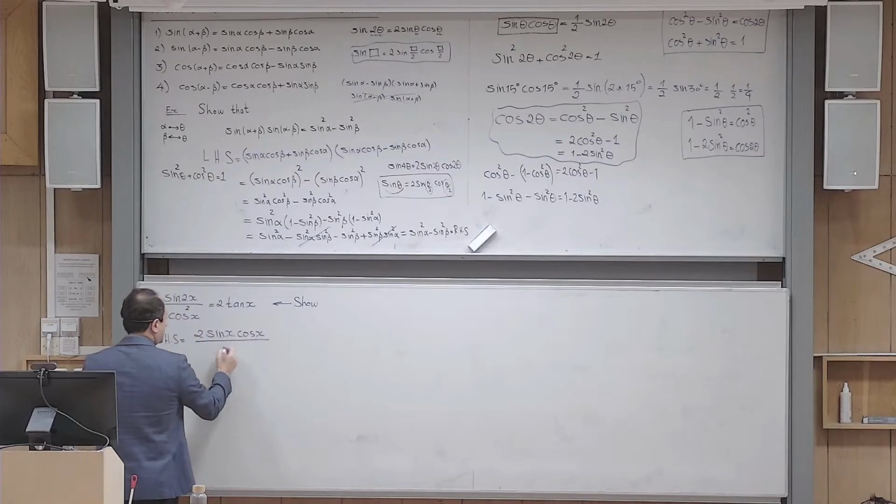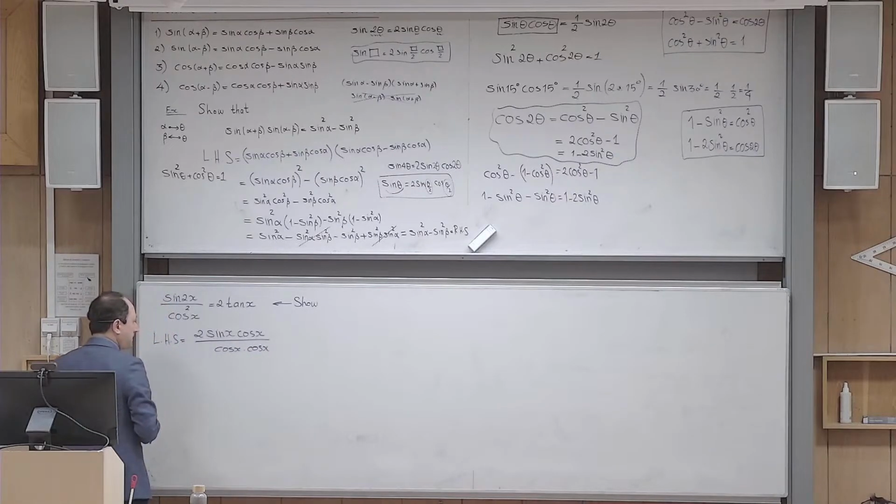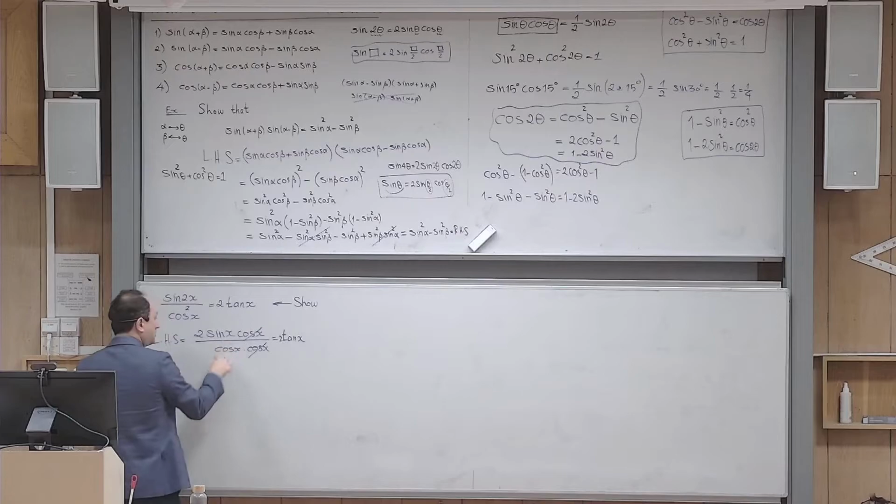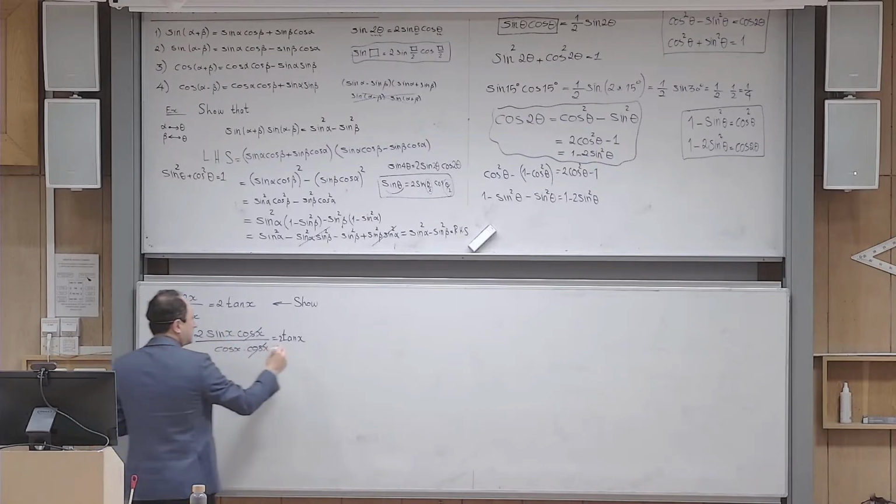Cosine to power 2 is also cosine x cosine x. You don't need to write it, you can just do it in your head. But this cosine and that cosine are simplified, and then 2 sine x cosine x is what? 2 tangent x, because 2 is just 2, sine over cosine is tangent, and then you reach the right-hand side.